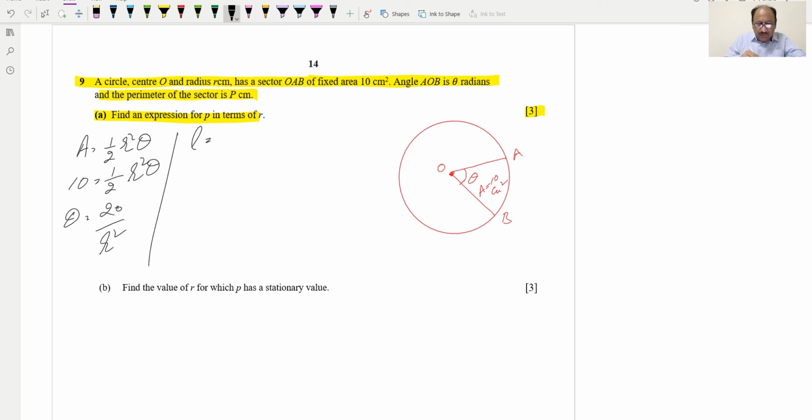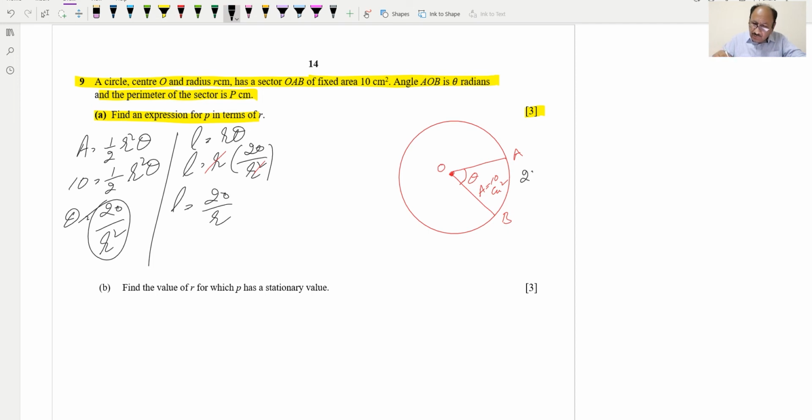Length is r theta, so L is equal to r into the theta value. We replace it, so it will be r into 20 over r square, and we can cancel this r with this square, and the remaining part will be 20 over r.